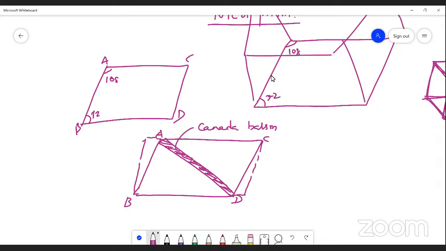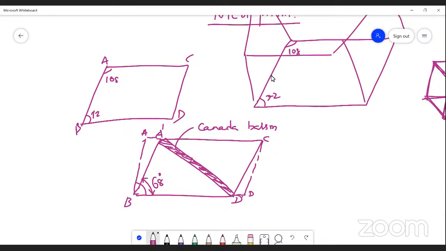Now this is A, now this is A dash, this is D dash, and this point is D. After the two crystals are joined, along the diagonal, the angle should change.